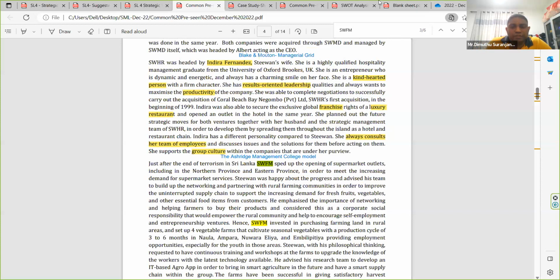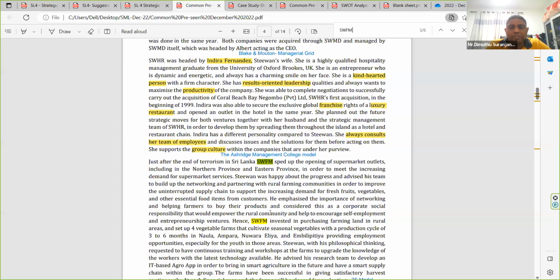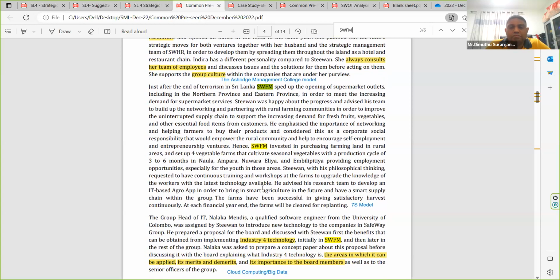Then Stephen was happy about the progress and advised his team to build networking and partnering with rural farming communities to improve an uninterrupted supply chain to support the increased demand for fresh food, vegetables, and other essential food items from customers. He emphasized the importance of networking and helping farmers by buying their product and considered this a corporate social responsibility. Hence, they invested in purchasing farming land in rural areas and set up 4 vegetable farmlands that cultivate seasonal vegetables and produce a production cycle.